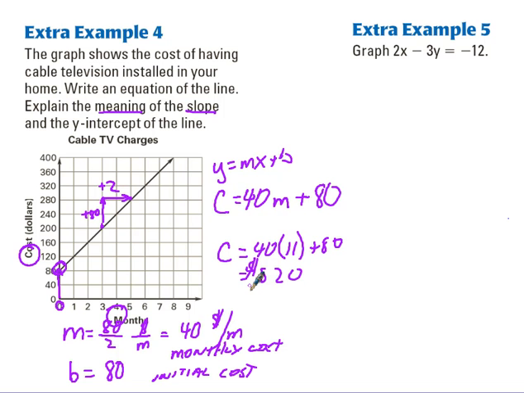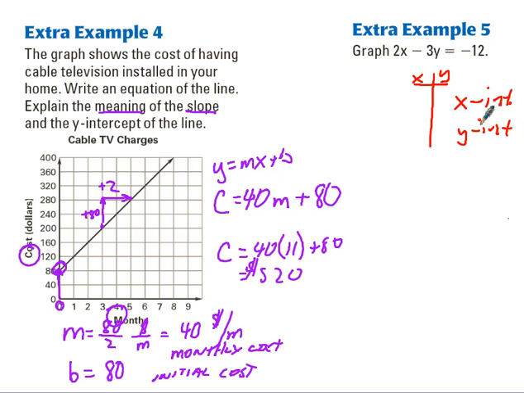Example 5 here, they're asking us to go ahead and graph this equation. Anytime I see equations in standard form, I think of graphing with the intercept method. So I have the x-intercept and the y-intercept.